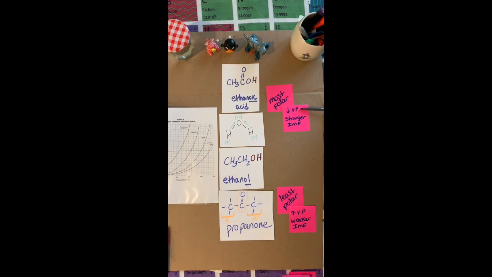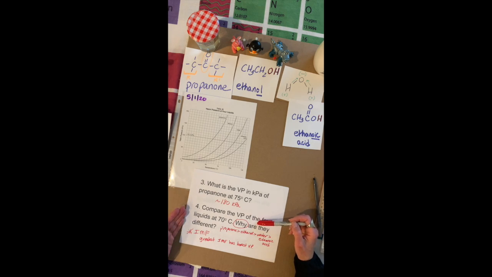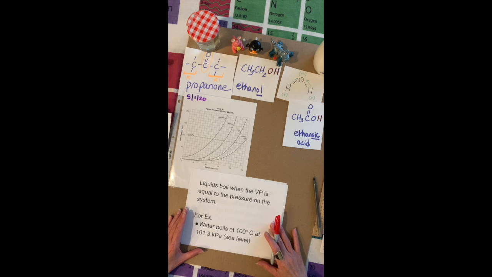So it's going to have a low vapor pressure. On the other hand, the least polar of these four compounds is propanone. It's got weaker intermolecular forces of attraction and therefore would have a higher vapor pressure. Other factors that would impact the vapor pressure of liquids would be the surface area of the liquid and the temperature.